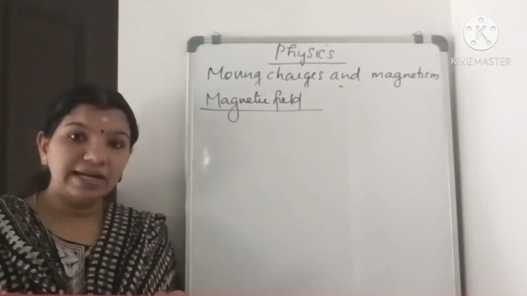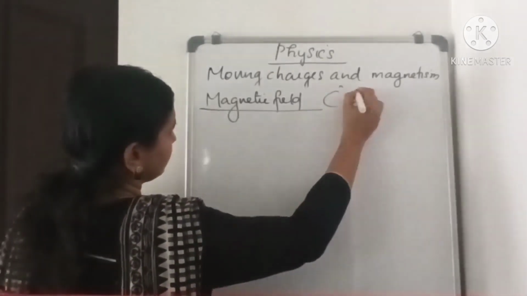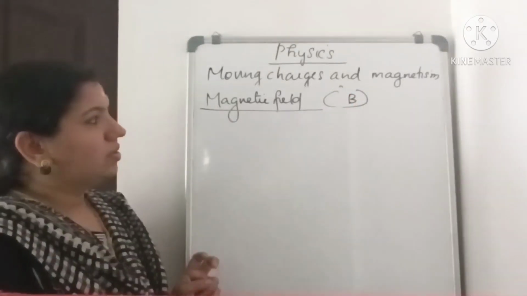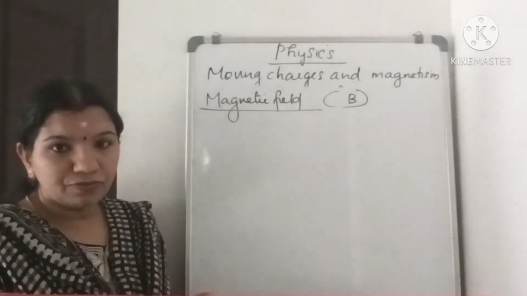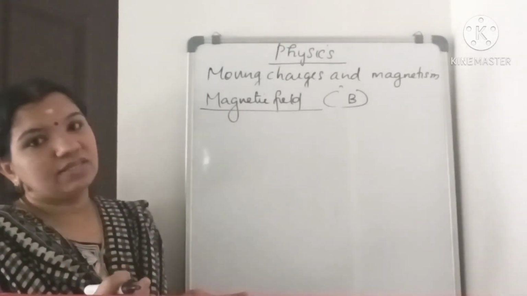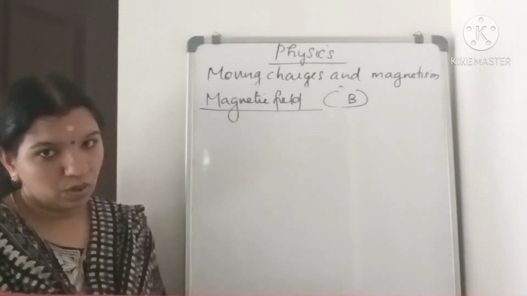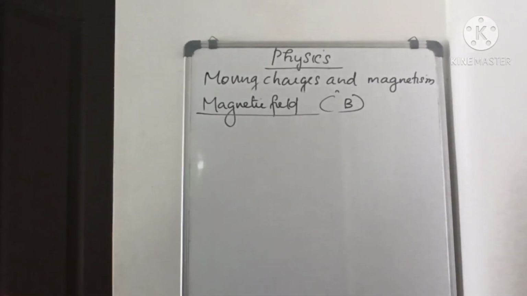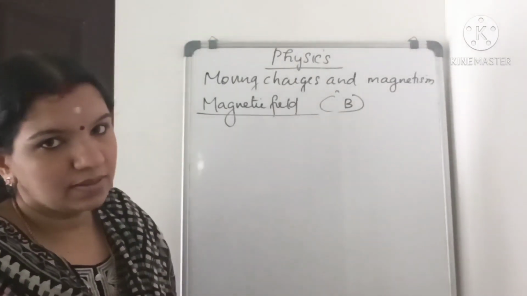This magnetic field is expressed by the letter B. These are all needed for our next topics. So you understood what is a magnetic field, and the letter used is B.